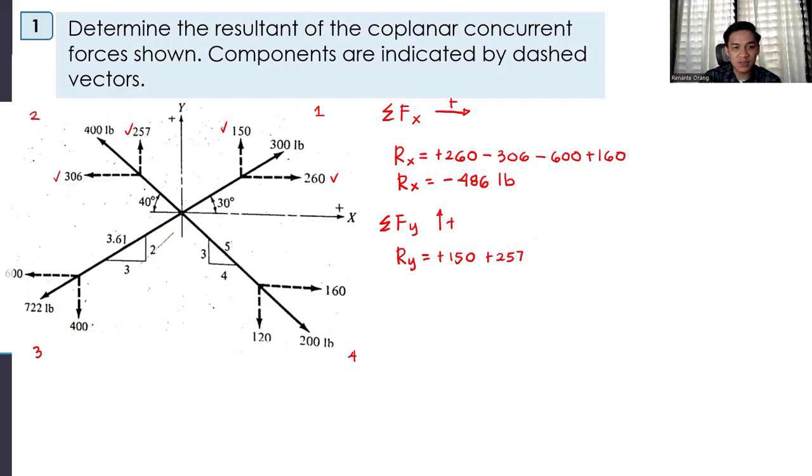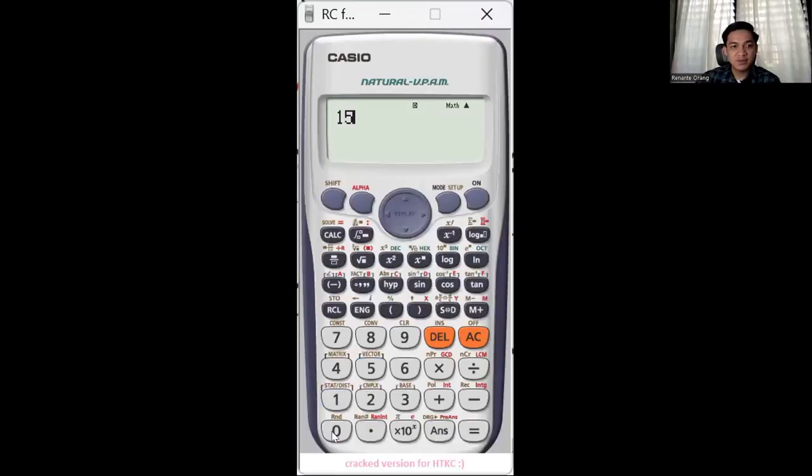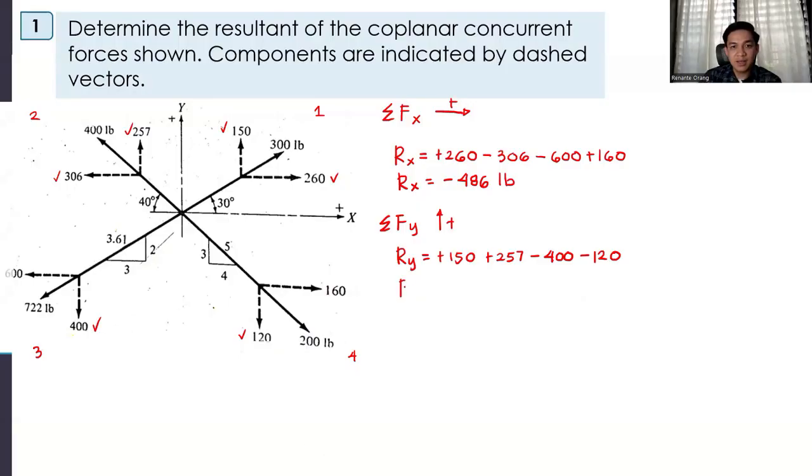Next is we have 400 going downward, which is negative, so negative 400. And then last, we have our 120, which is going downward, that is negative 120. So that is 150 plus 257 minus 400 minus 120 equals negative 113. So Ry is equivalent to negative 113 pounds.